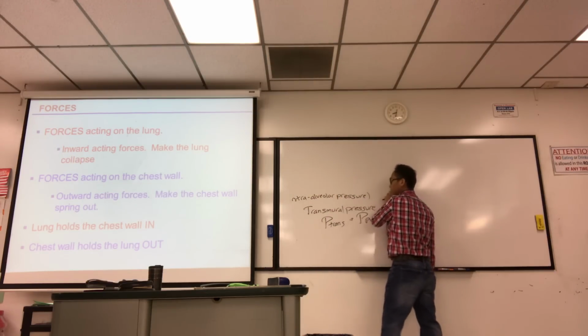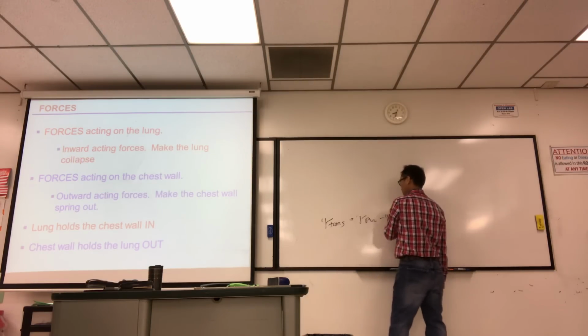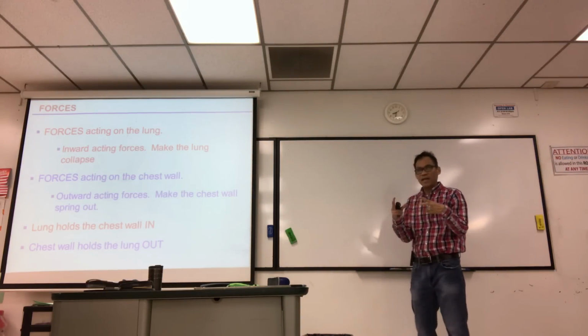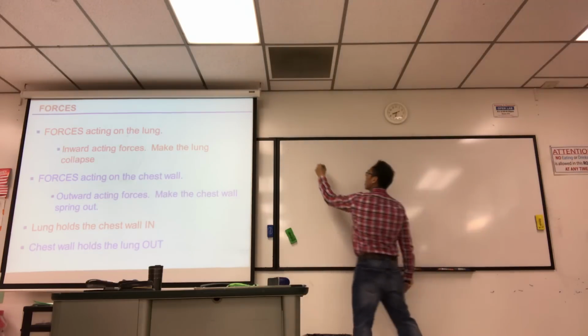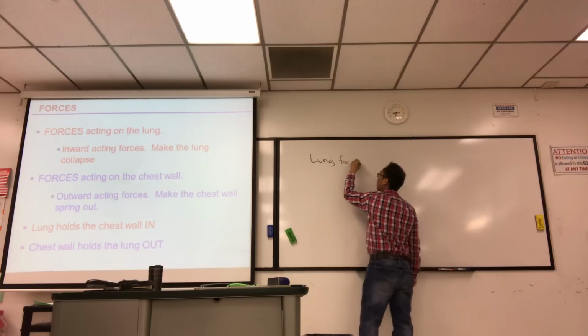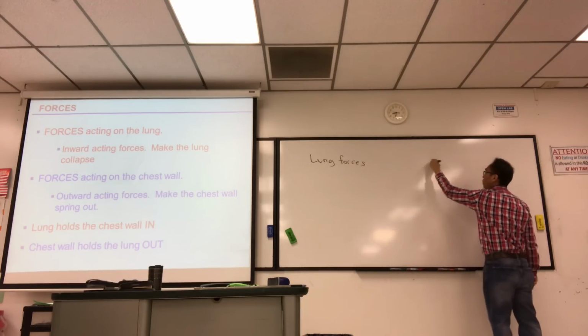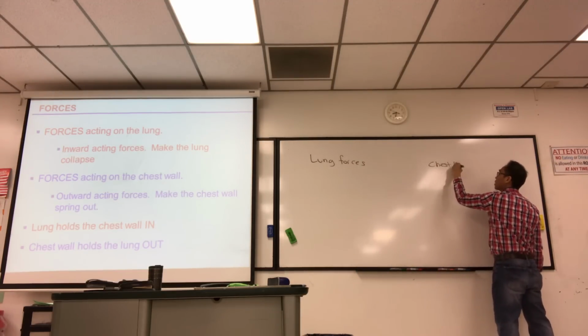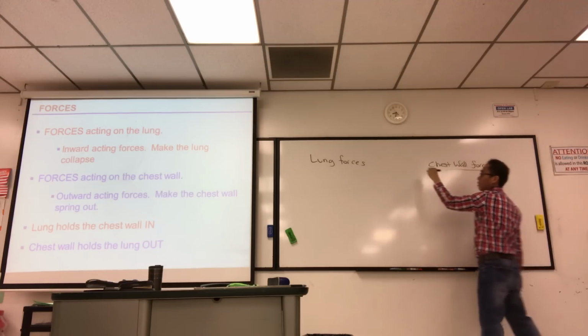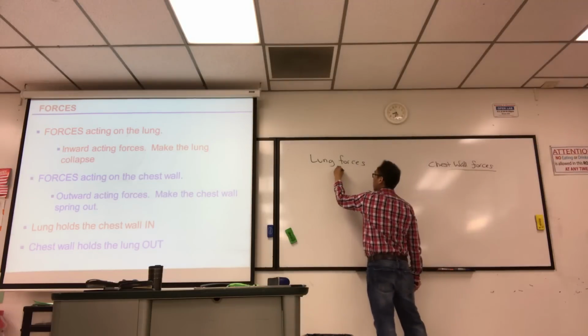And what I've been saying all lecture is the lung is like a balloon. That force, we call it in. Collapse is like an inward force. So lung forces versus chest wall forces. Lung forces are in.